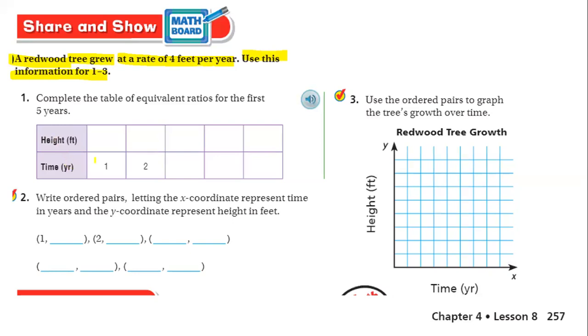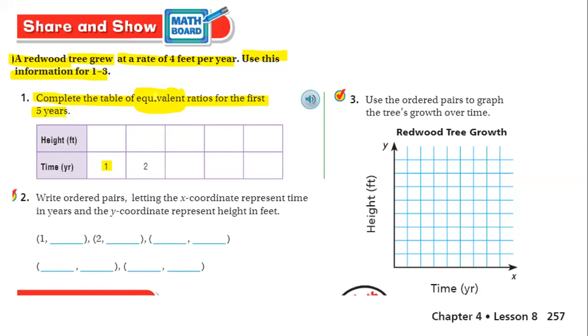Complete the table of equivalent ratios for the first 5 years. That's right, equivalent ratios.